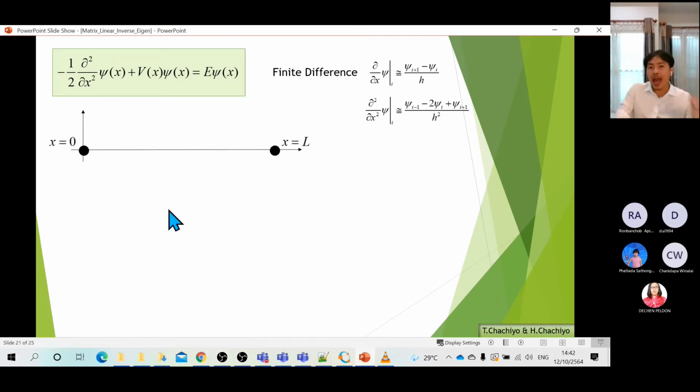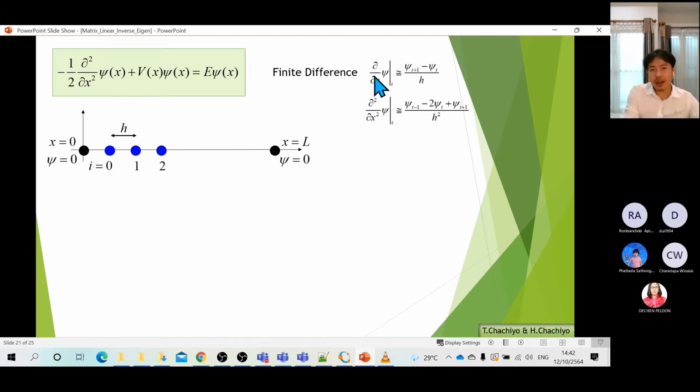Okay, and here I have the space in one dimension. The black dots are the boundary condition points, and we know that the answer is 0 for these two black dots here. We know that already, and the unknowns are shown in blue.